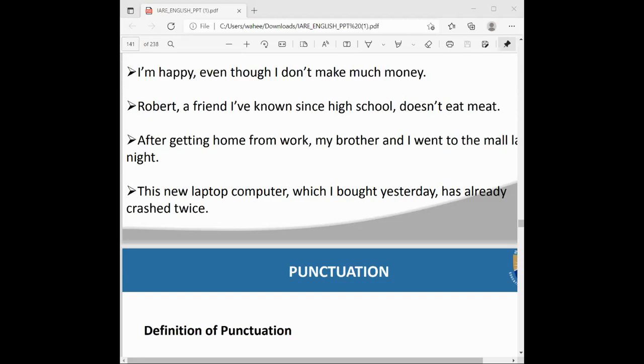Phrases and clauses. The boy on the bus. We are not getting any complete meaning from this. It's just a phrase, the boy on the bus. It's a noun phrase. Will be running. It's a verb phrase because it signifies an action.